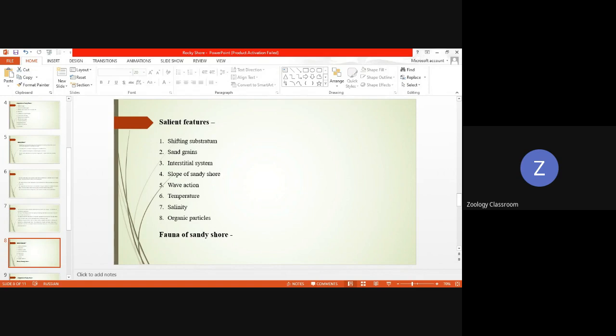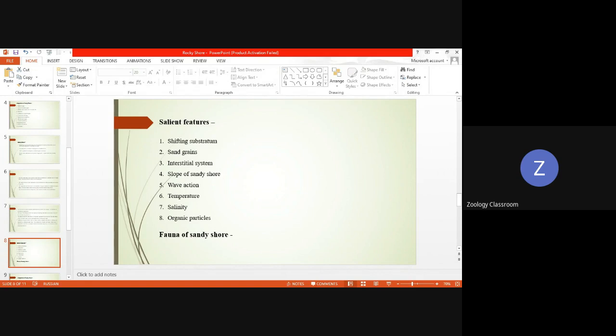Organic particles. Organic particles of sandy shore is formed by decaying of seaweeds, dead animals, fecal matter, and detritus. The organic content is generally expressed as a percent of organic carbon.